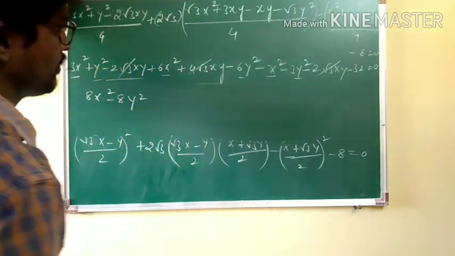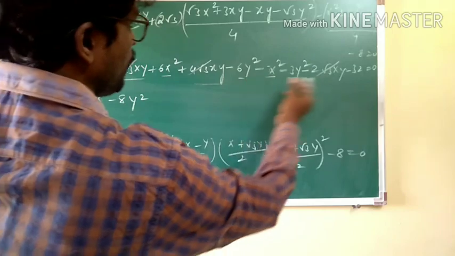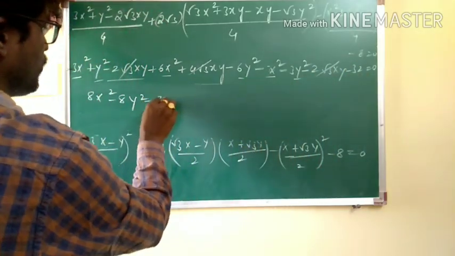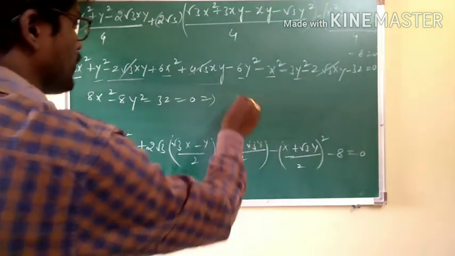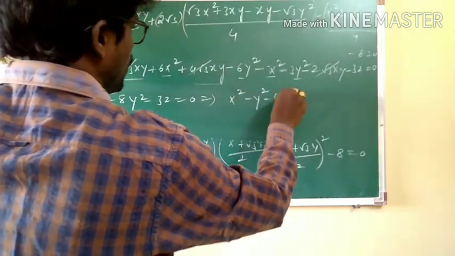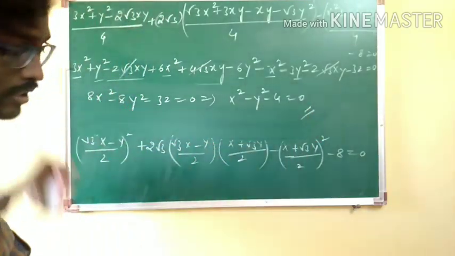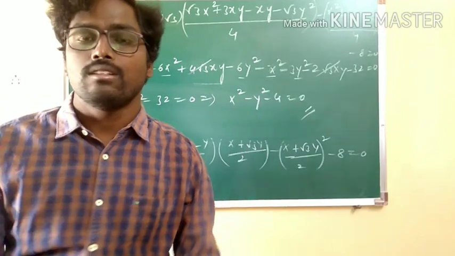These all get cancelled, and we are left with only the constant. All these terms completed, we have only one constant, that is 32. Minus 32 is equal to 0. What's the common factor? 8 is a common factor, so that x square minus y square minus 4 is equal to 0. So what is the equation in the new system? X square minus y square is equal to 4.